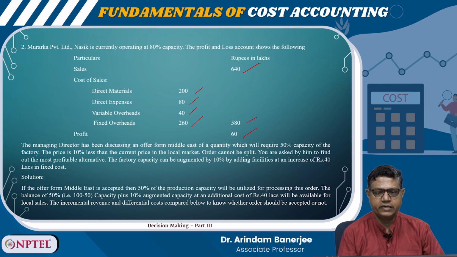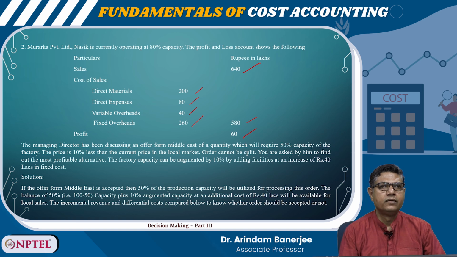The factory capacity can be augmented by 10% by adding facilities at an increase of rupees 40 lakhs in fixed cost. So, again this is an export offer from the Middle East, and the price is 10% less than the current price in the local market, and whether it should be accepted or not. Now, we can do it like this.